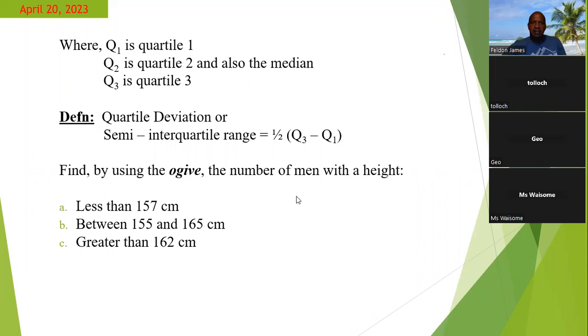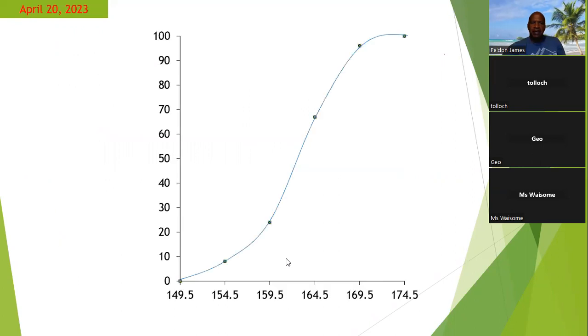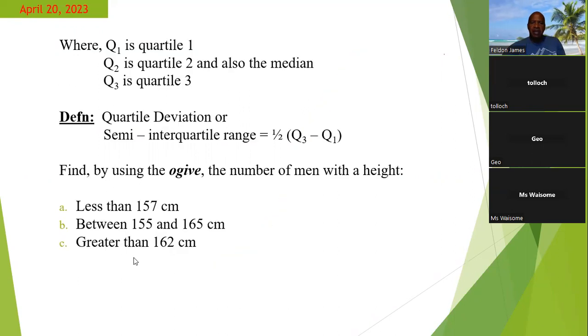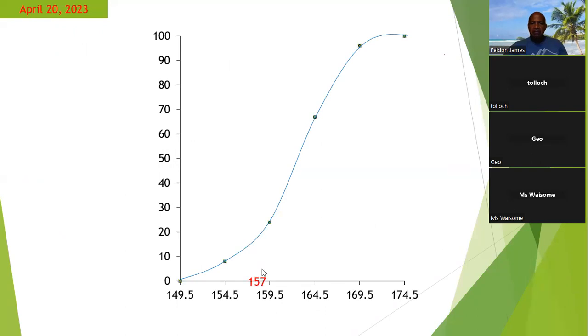So the next question asks, what is the number of men with height between 155 and 165? So we can find that on the graph. So the heights that we're working with here would be 155 and 165. So on our graph now, we would look for those heights, 155 and 165.